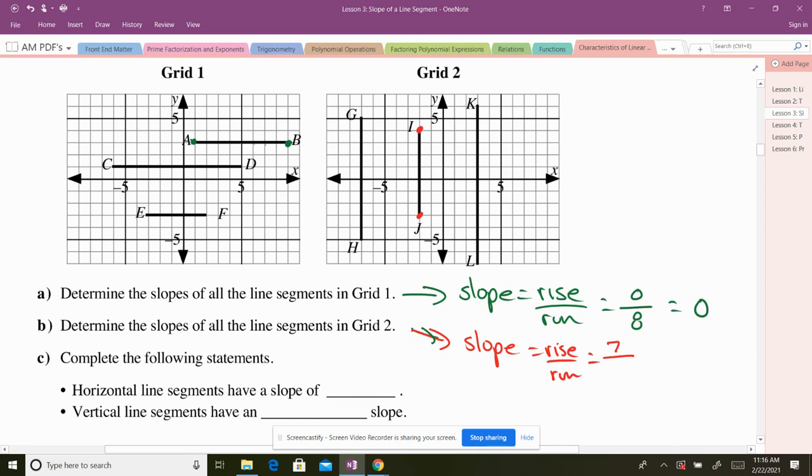What's the run? Can you divide by 0? No, you cannot. Punch it in your calculator. Go 7 divided by 0. What is it? It says error.